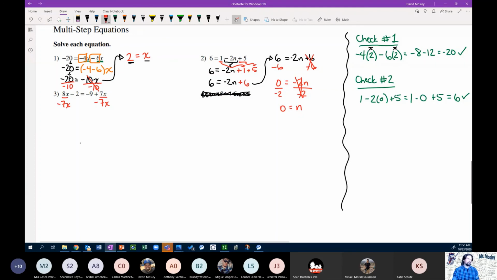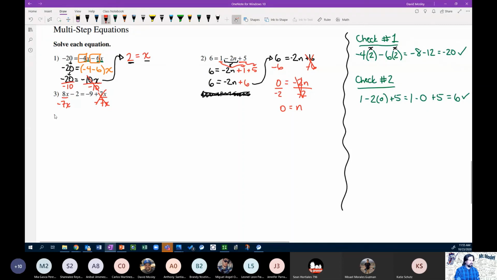11:55. We're almost done. We're doing this one last problem. All right. So I need to get my variable on one side, I have to subtract the variable term from the other side. So I've subtracted 7x here, so that goes away. 8x minus 7x will give me just 1x.